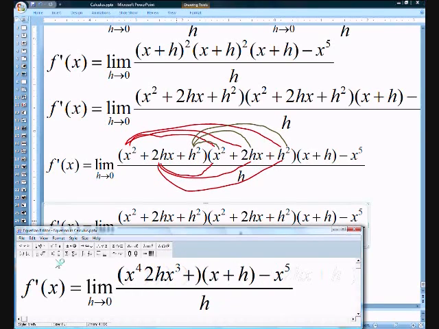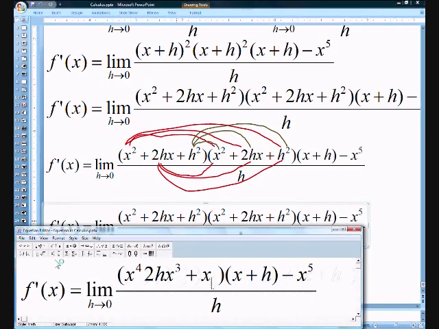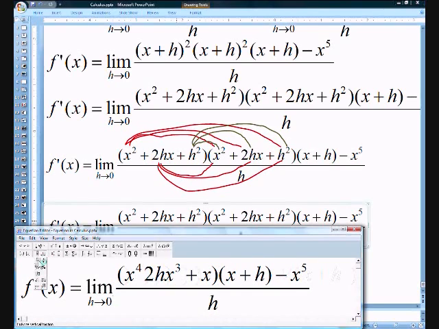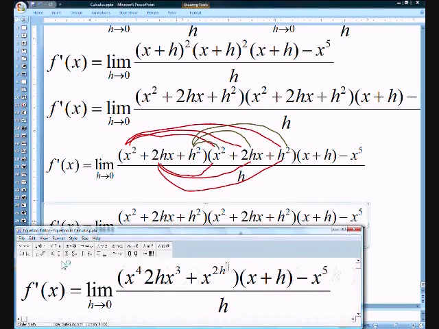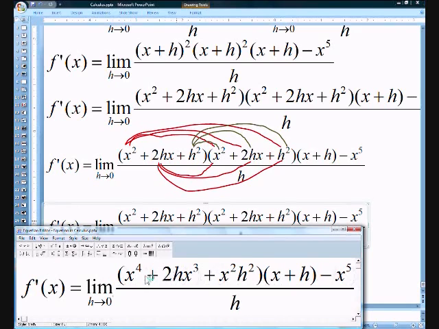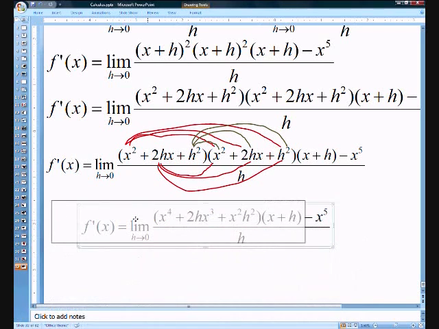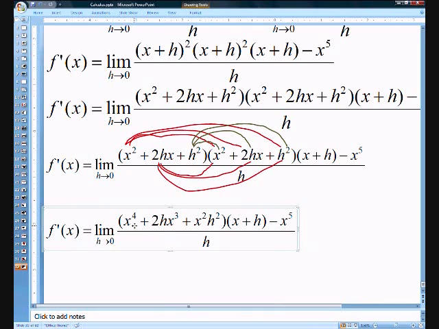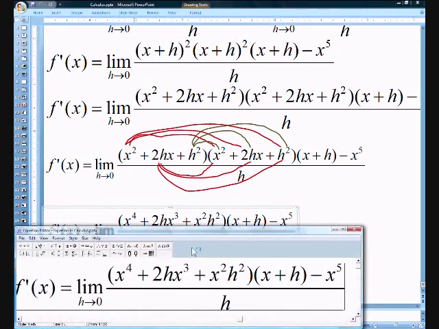Plus x squared. Oh, I did a subscript instead of a superscript. x squared h squared. Sorry, I'm not looking down as I'm typing. Alright, so I forgot to put the plus sign there. Okay, that's what we have so far. Okay, now let's move forward.